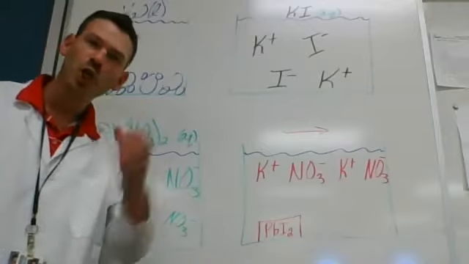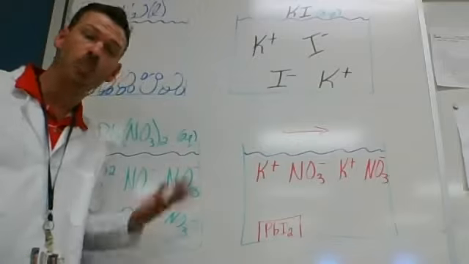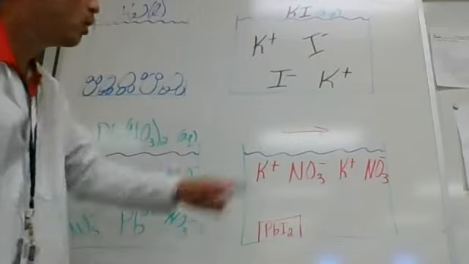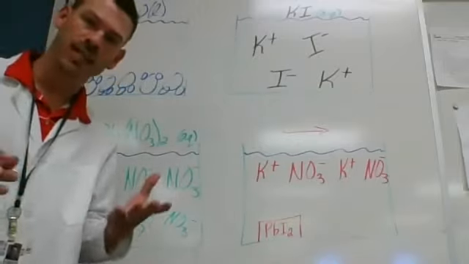And if you were to churn the reaction and make it happen again, it would produce another set of products, right? So 2 more potassium nitrates that will dissociate.